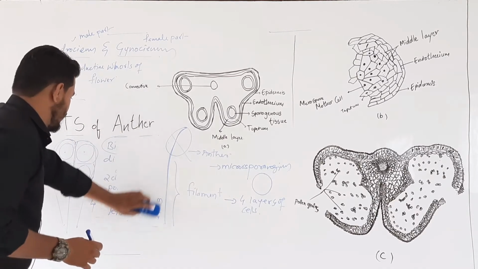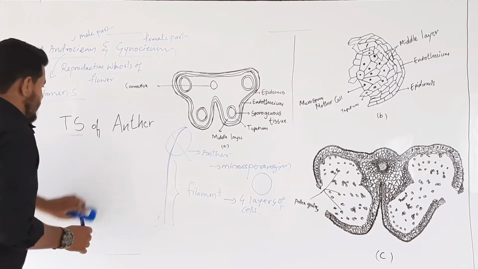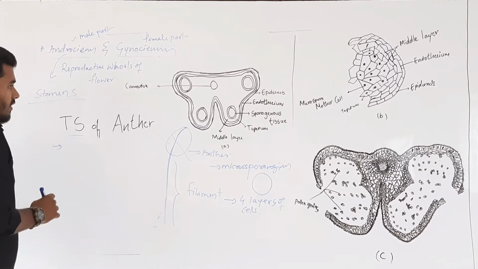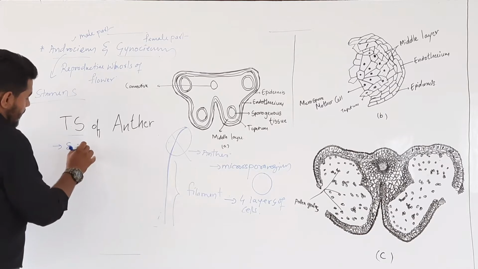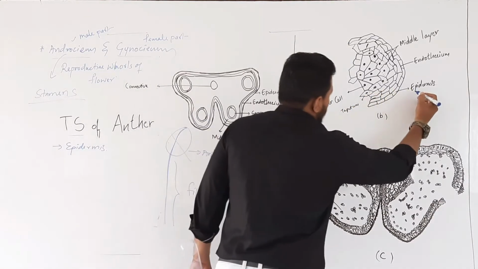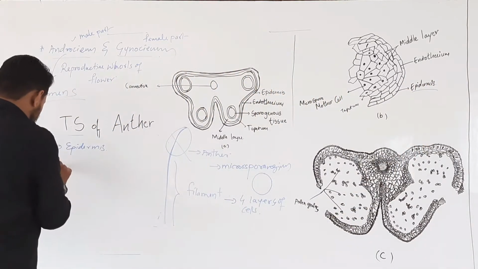What are those 4 layers of cells? We will discuss here. The first, outermost layer of cells is the epidermis.